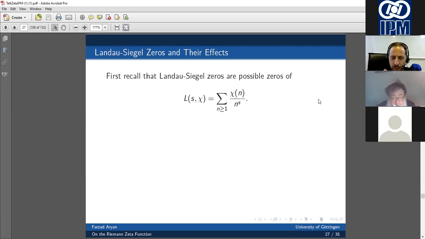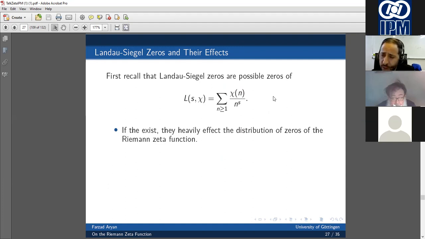Going back to Landau-Siegel zeros, as I said, they are zeros of this L-function. This comes from algebraic number theory. This is a character from Z/QZ to C, and this L-function, when the character is real, may have a zero very close to one.